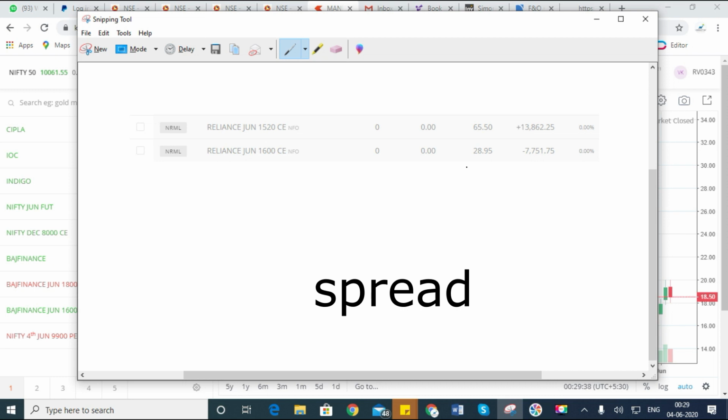The margins for spreads have also been reduced from 1st June to enable traders to use these opportunities better, and as traders we need to design such strategies to minimize our risk and maximize our profit. So we need to sit down, find out the levels, and then see what sort of spread we can create, what the risk is, and what the reward is.